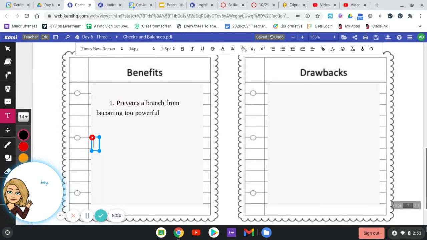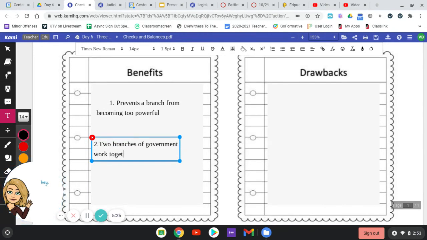And the second benefit is that two branches of government work together to make important decisions. So not simply one branch is going to make any important decision by itself. They kind of check and balance each other.